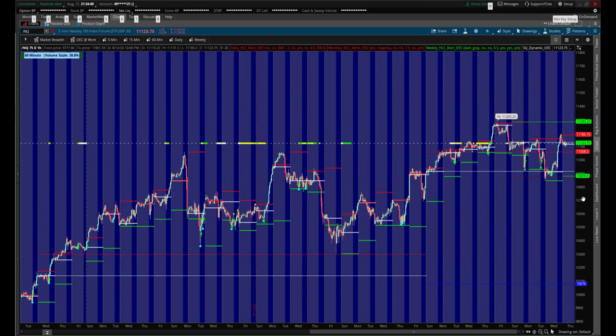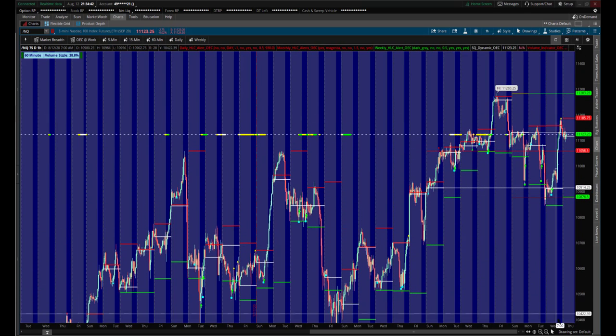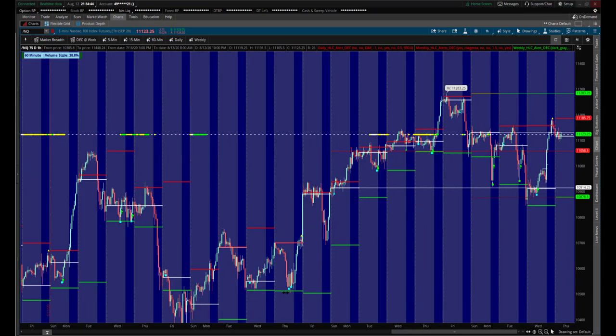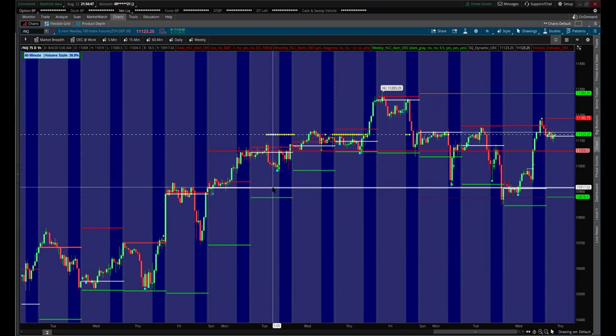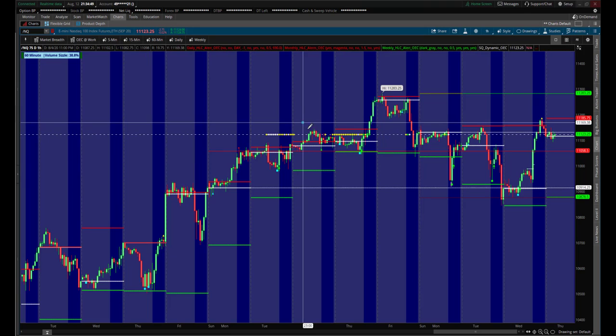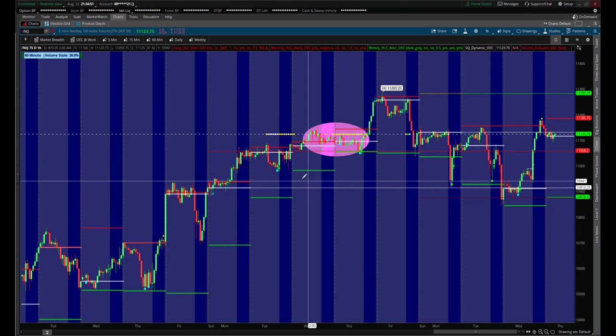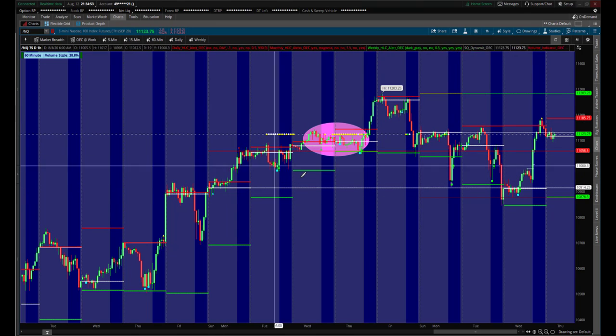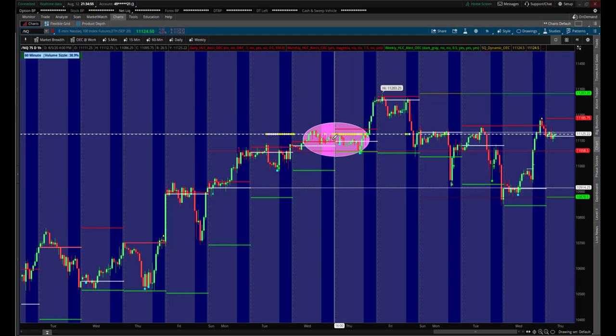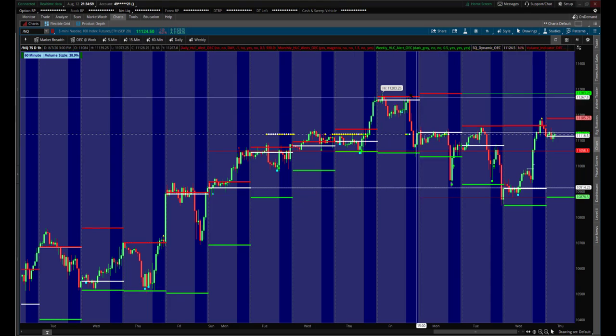All of that resistance that was overhead was finally resolved, and it became support right there. It was no longer holding price back, and instead it was holding price up. And then we got a new high.